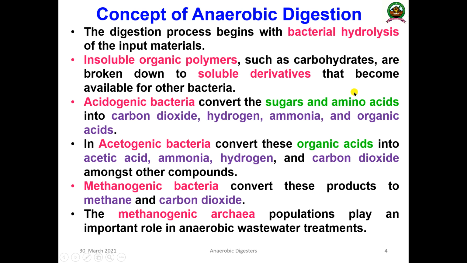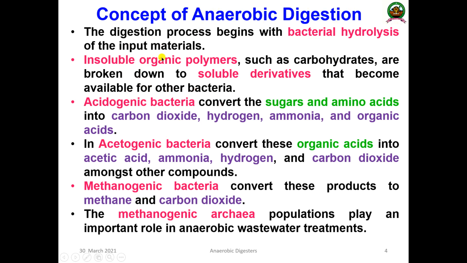These microorganisms, especially anaerobic organisms, are able to produce various types of enzymes. Those enzymes degrade these complex materials into simple components. The first step is that insoluble organic components such as carbohydrates and complex starch are broken down into soluble substances such as glucose, which will be available as a food source for the other organisms.